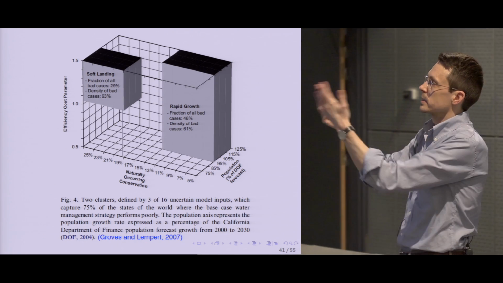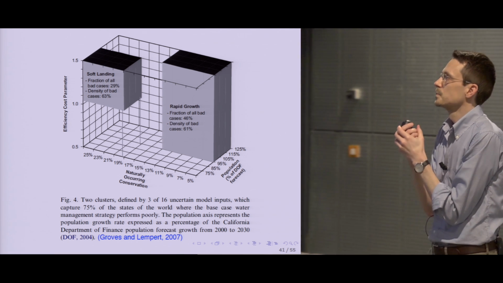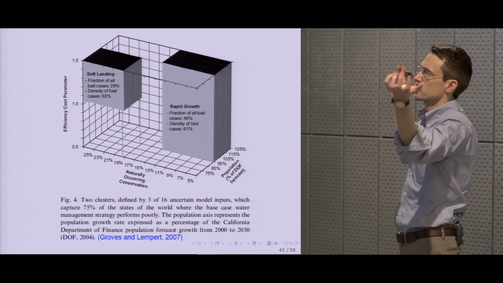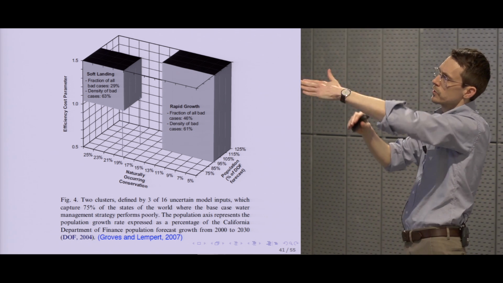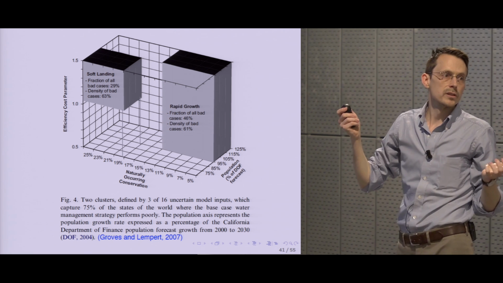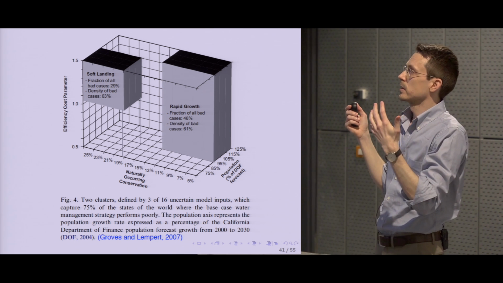So this is an example from an RDM application to a water management case. So the big many-dimensional, 16-dimensional messy state space is projected down onto this one, and these few divisions are made. This is partitioning the whole space into just 3 states. It's saying, let's talk about the state space like this.